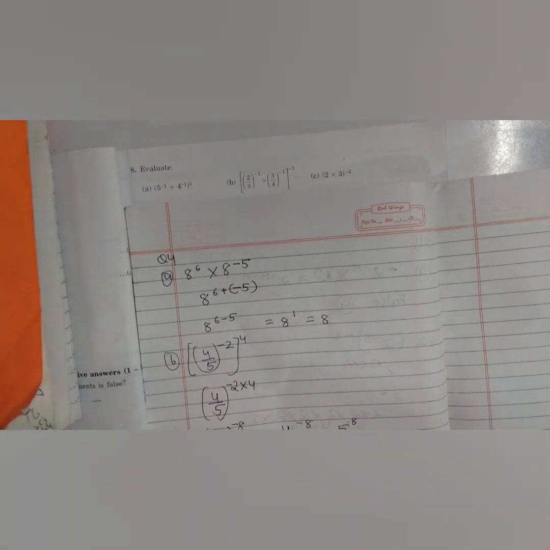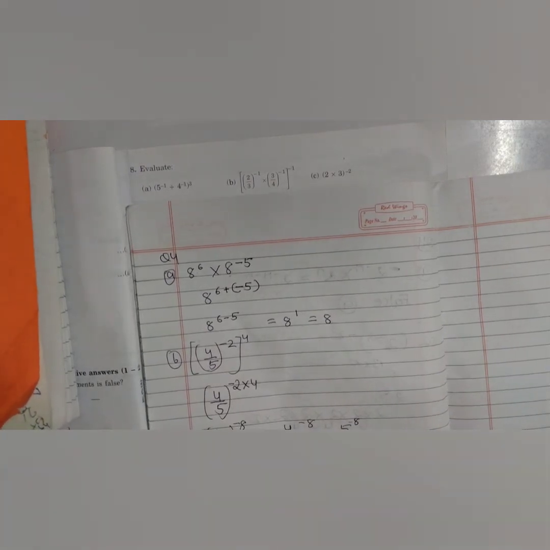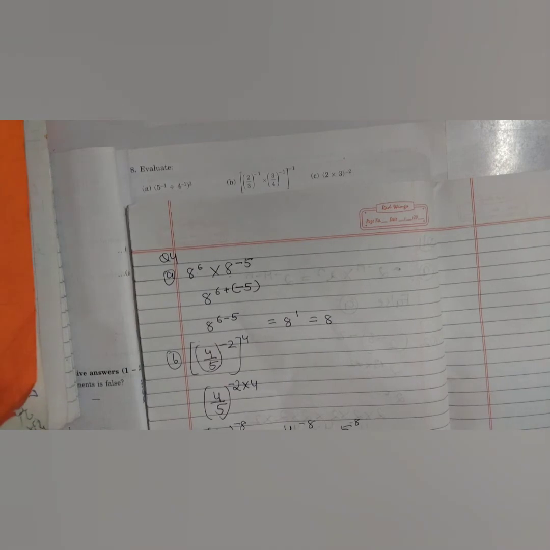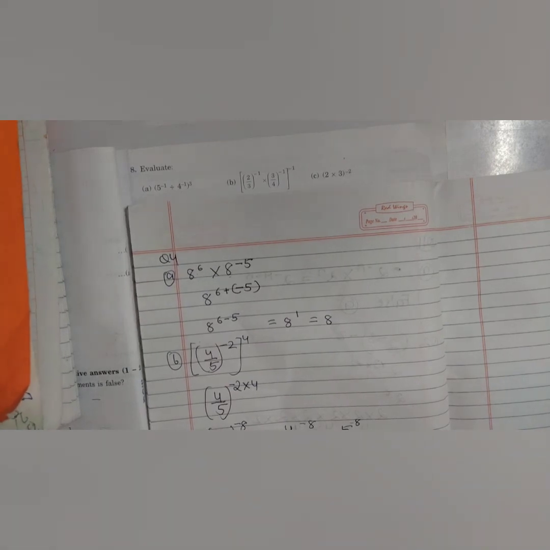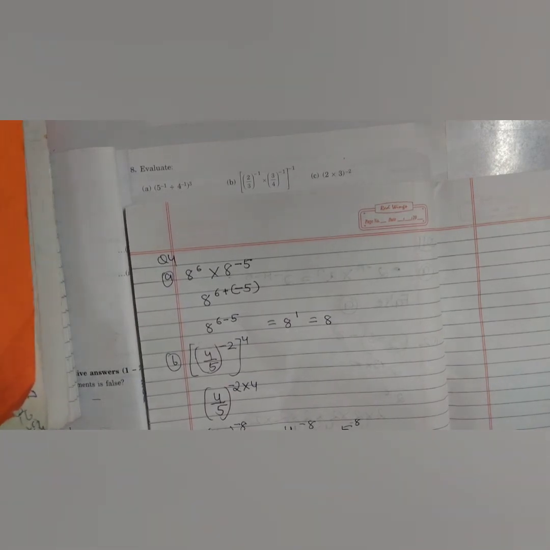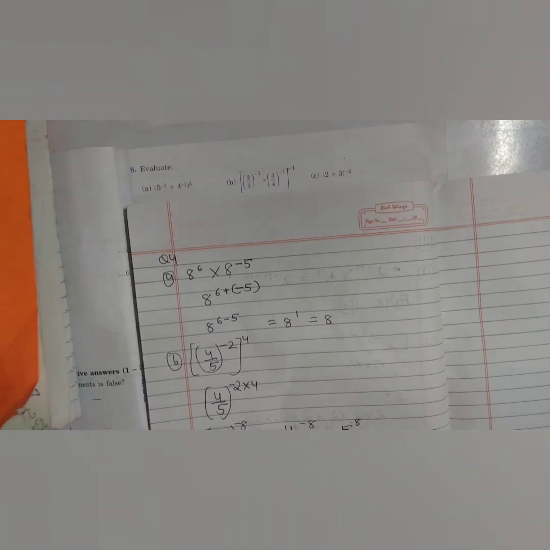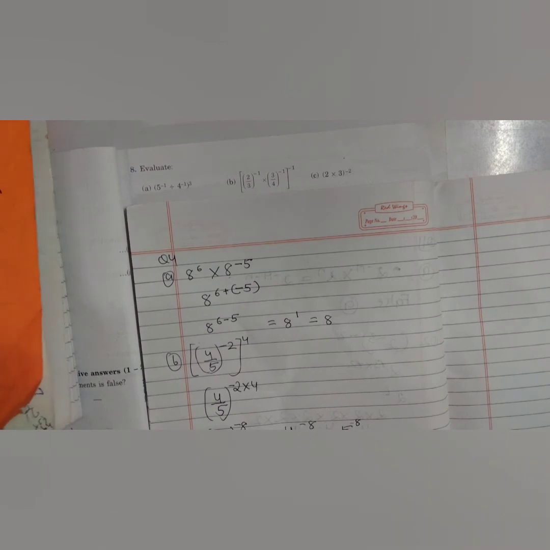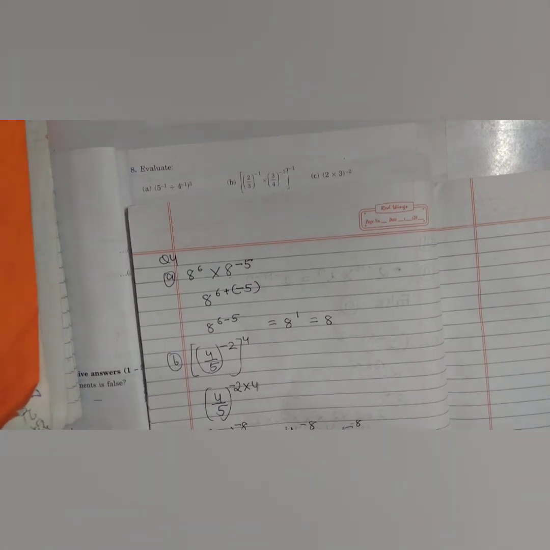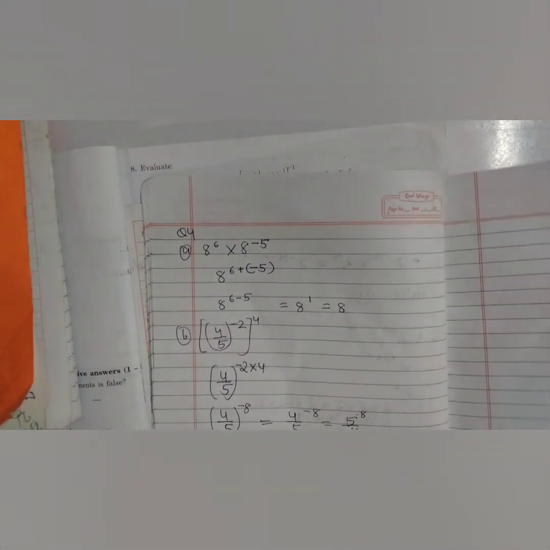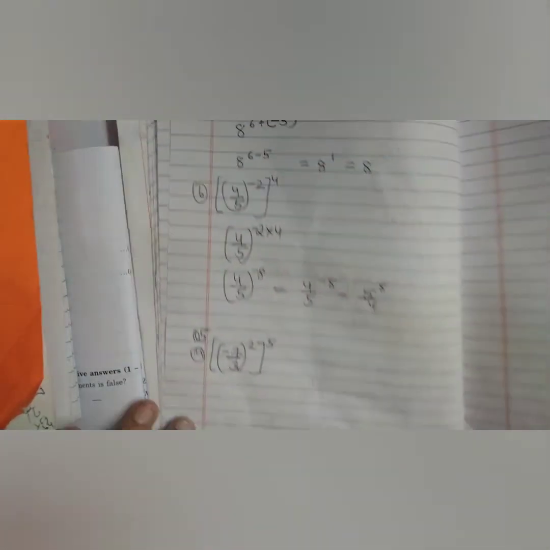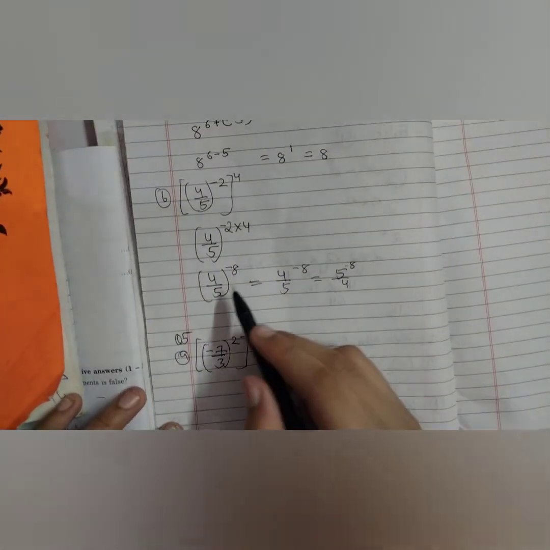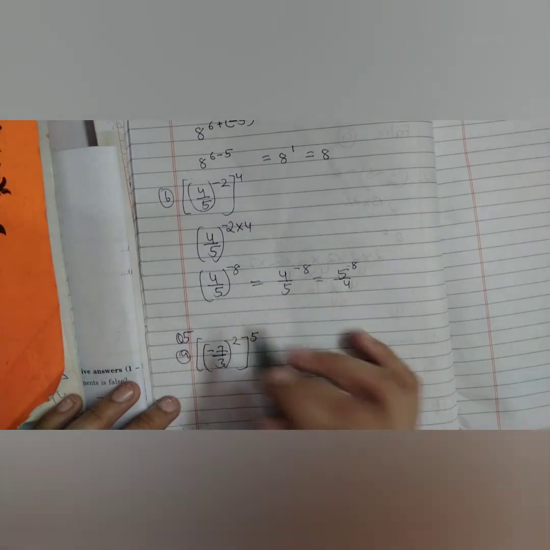So let's do question 5. Part a, -7/3 raised to 5. So it will be the same as this question.